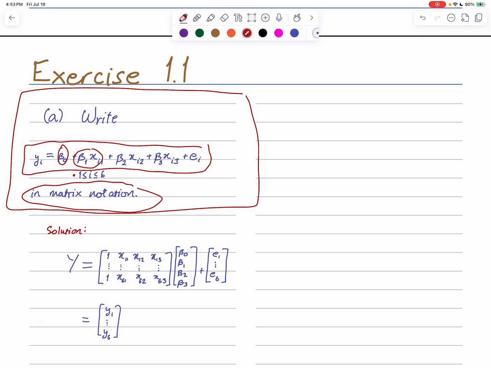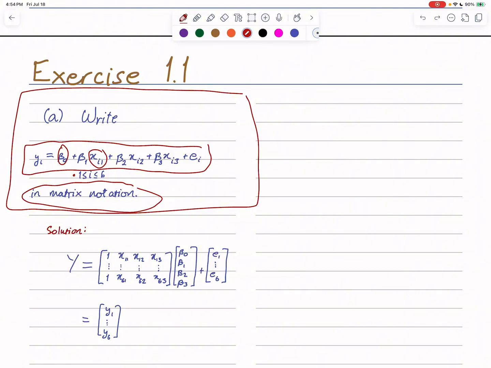Now, beta 1 is also constant, but on the other hand, there's this variable xi1. So for each different i, there's a different xi1. And so I would like to have an x11, but I would also like to have an x21, which would come here. And I would still like that to be multiplied by beta 1.